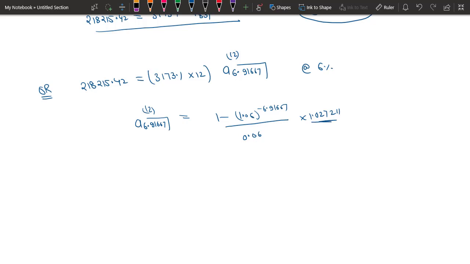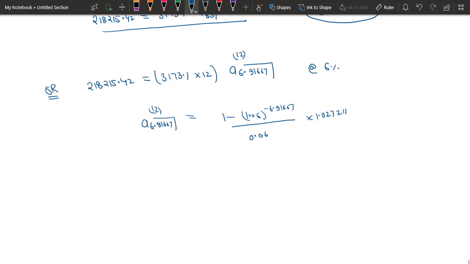That's why I'm using this converter. You can directly use i12 in the denominator, then there would be no need to multiply this value. Okay. So this will give us the value 5.67886.